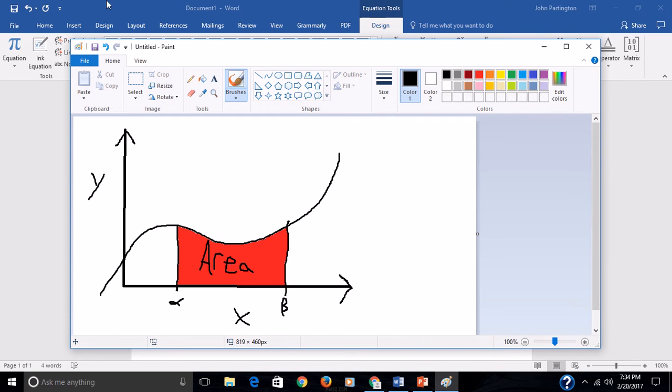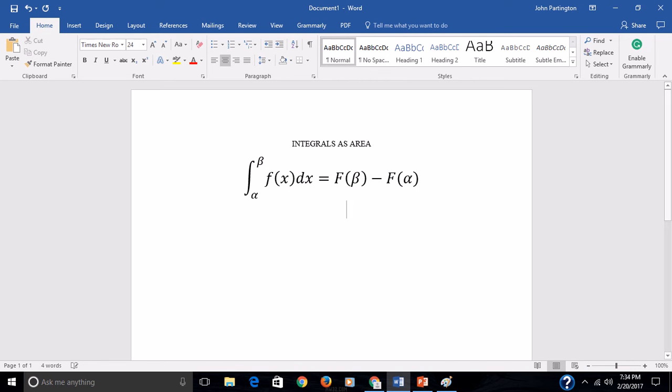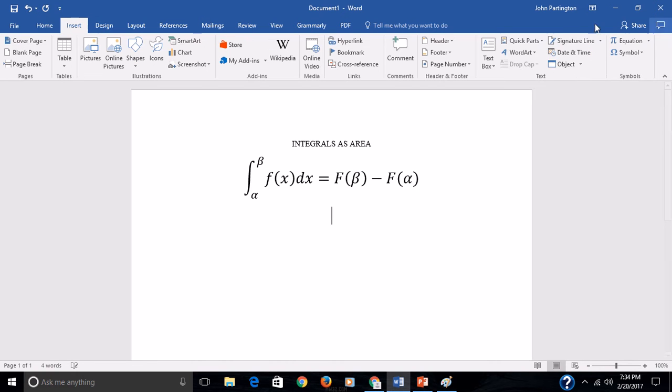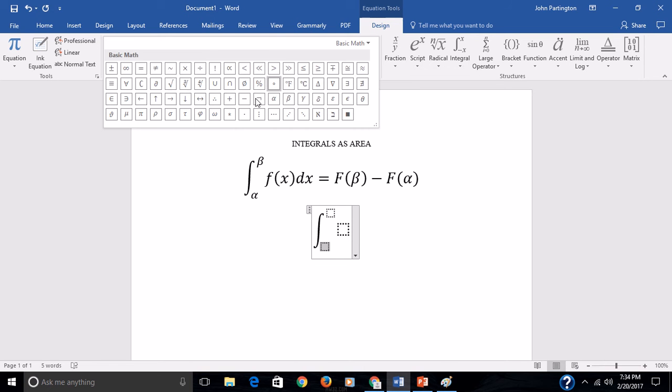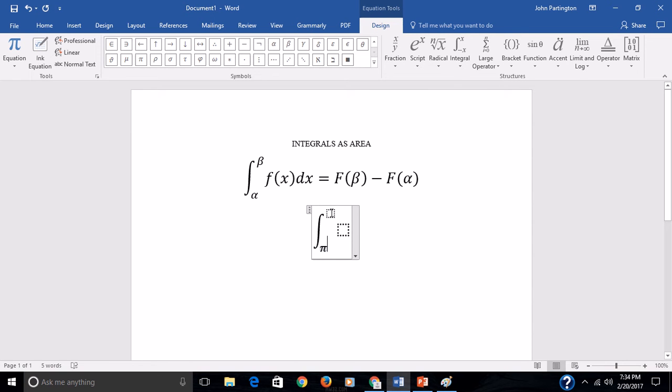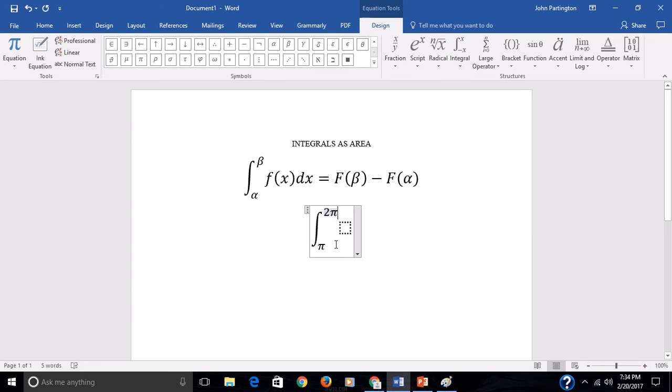So, how are we going to do this? Here's a basic example. We're going to have the integral going from pi to 2 pi of cosine of x dx.